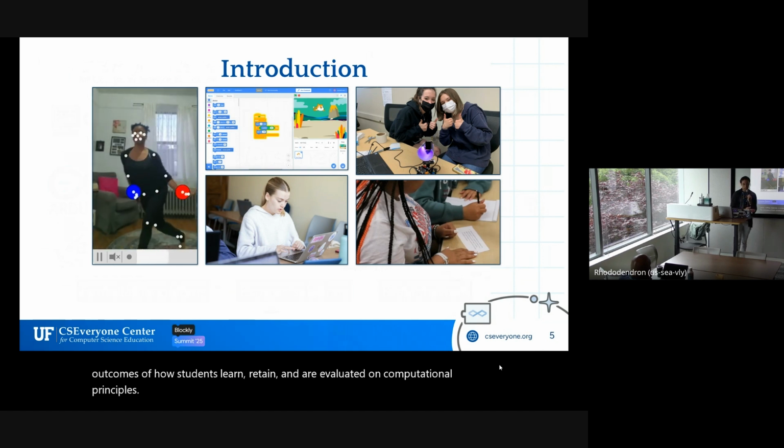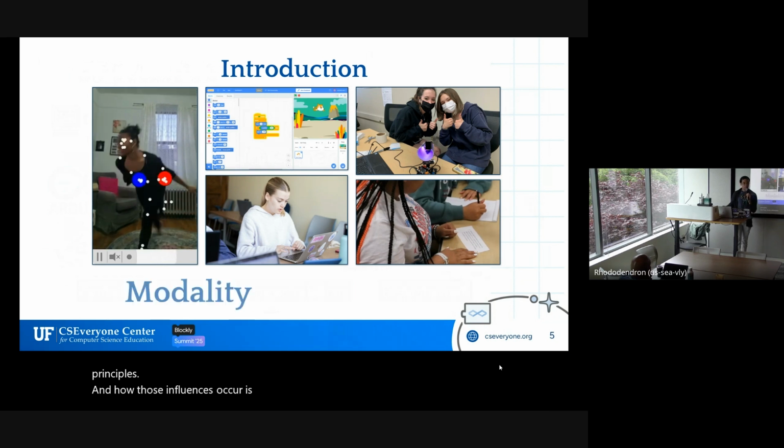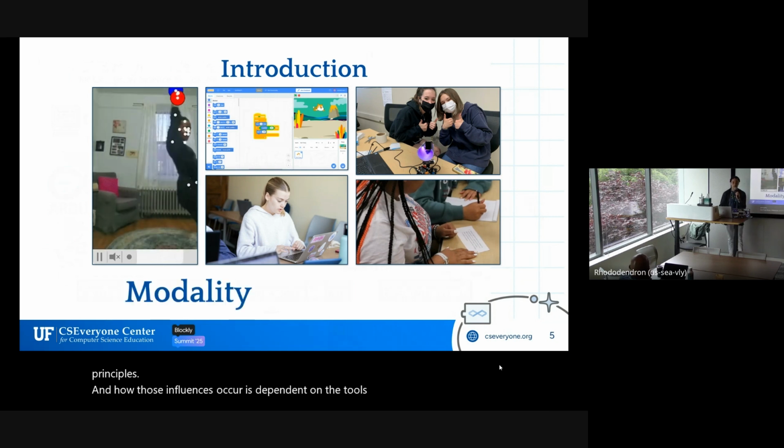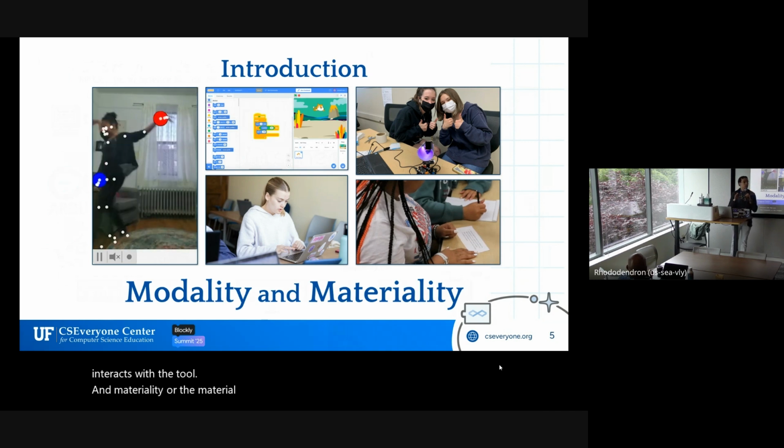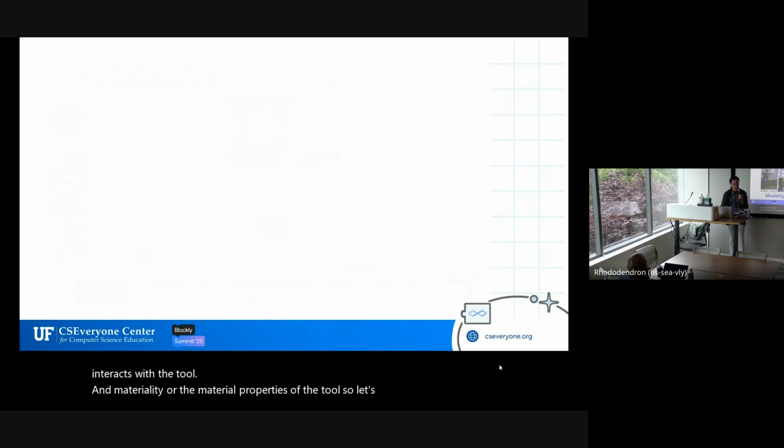And how those influences occur is dependent on a tool's modality, how the user interacts with the tool, and materiality, or the material properties of the tool. So let's dive into those terms.